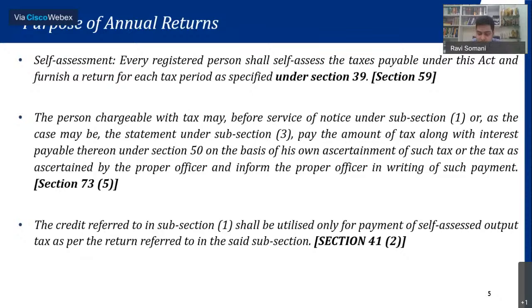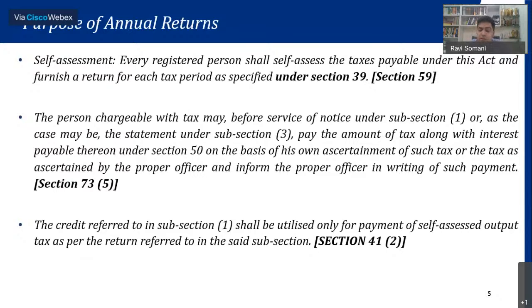Now the point is, if it is a self-assessment, then while making the payment of taxes, you can also utilize input tax credit. But if it is not a self-assessment, then you cannot utilize input tax credit while making the payment of taxes in the course of filing GSTR 9 and 9C.